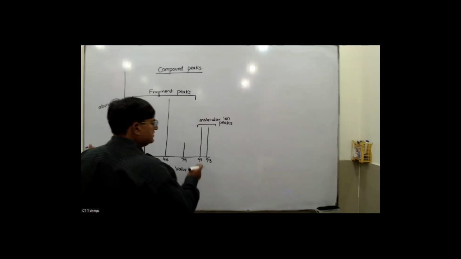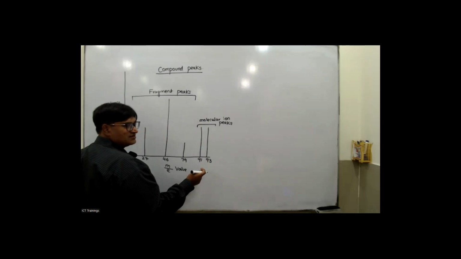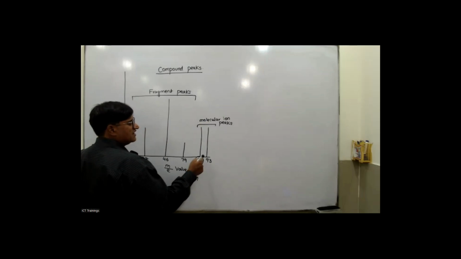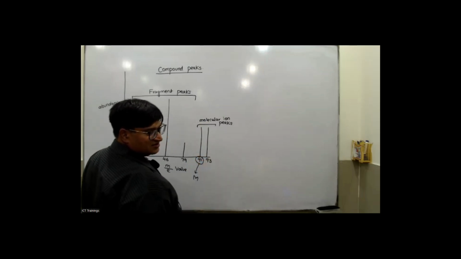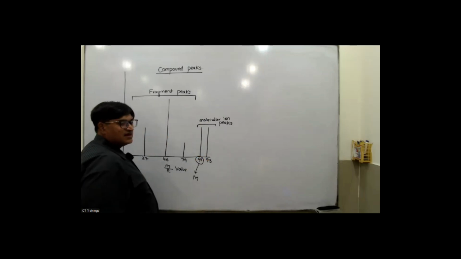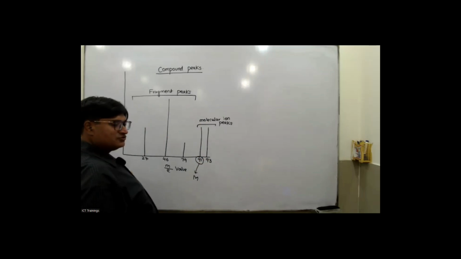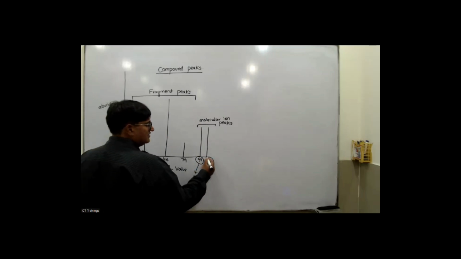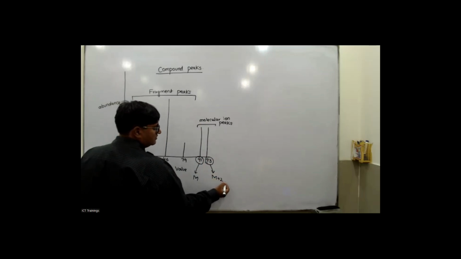The molecular ion peaks: the first peak is always called the M peak. Now if you look at the difference between the two peaks, this is 91 and this is 93, so these two peaks are present at a distance of 2. This second peak is called the M plus 2 peak.